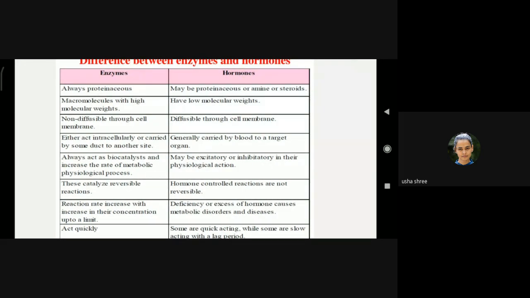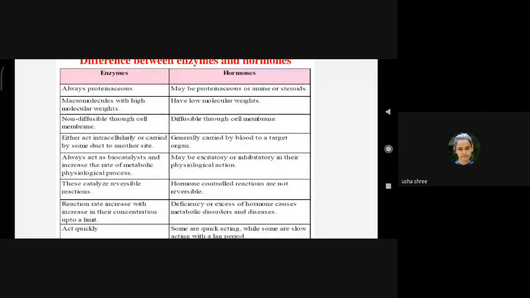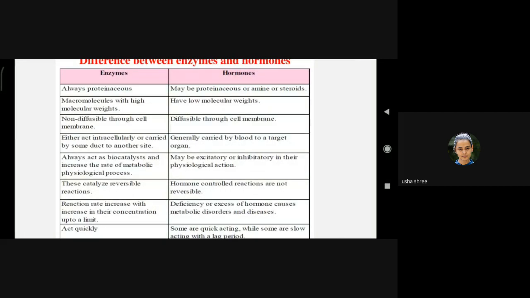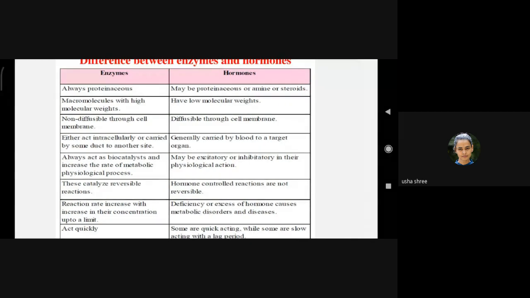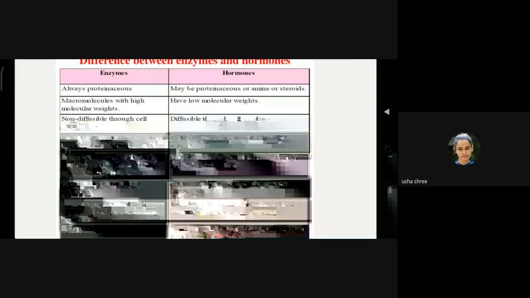Just imagine that in the case of milk production in a mother, a breastfeeding mother has the prolactin hormone. Now, prolactin hormone stimulates the production of milk in the mammary gland.